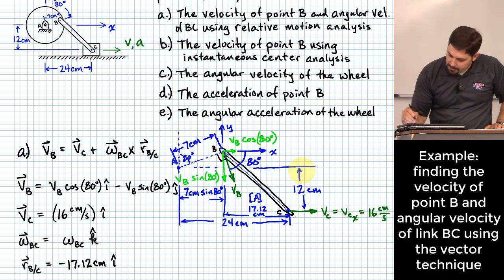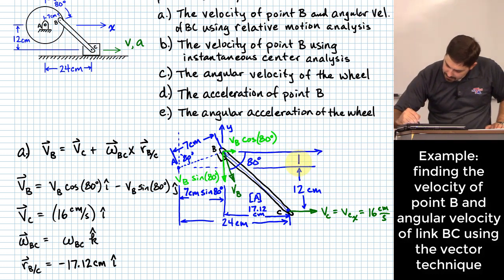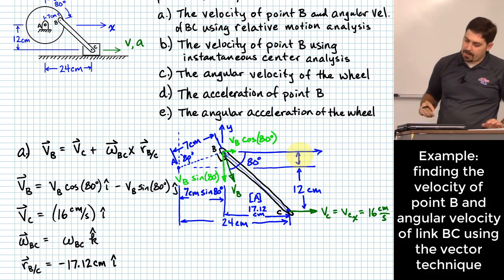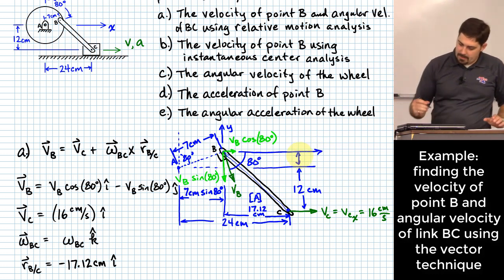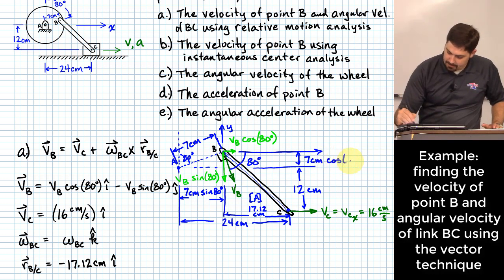But then I have a little bit more that I need in order to get up to there. So what's that height? Well, now that we've done the other one, it's probably fairly obvious to see that this one should be 7 centimeters times the cosine of 80 degrees.